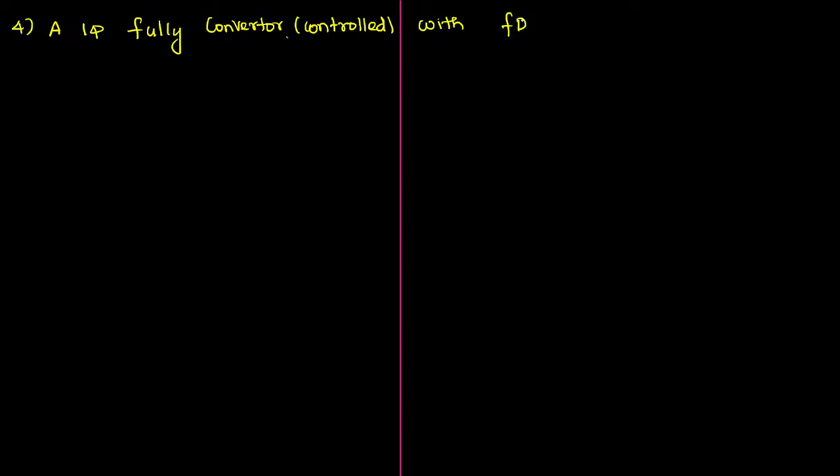With the freewheeling diode feeds an inductive load. L means inductive. Feeds an inductive load. Given it is load resistance R equal to 20 ohm and inductance is very large. You know the meaning of very large value of inductance.